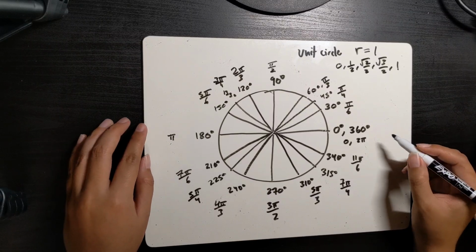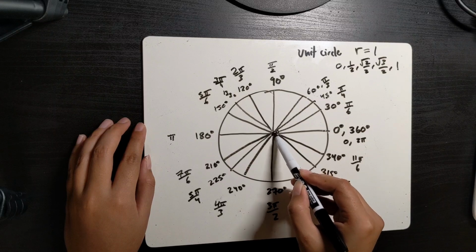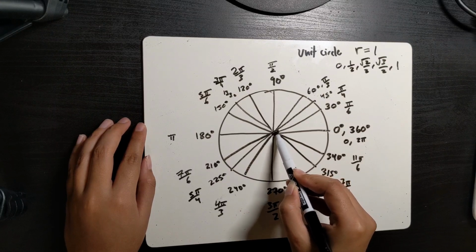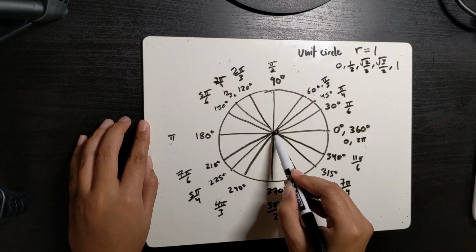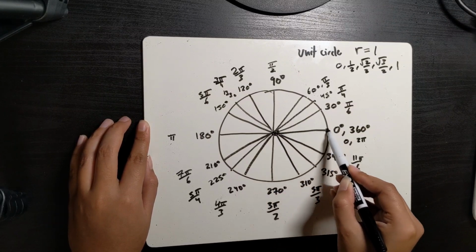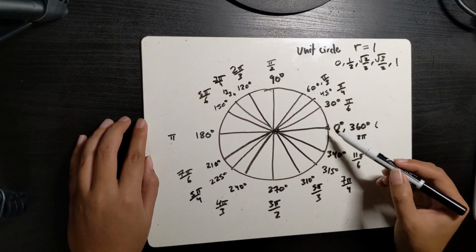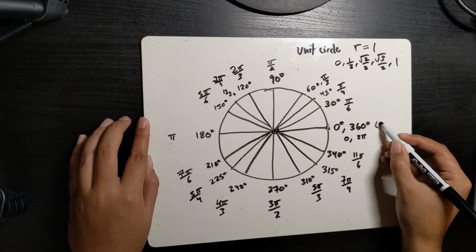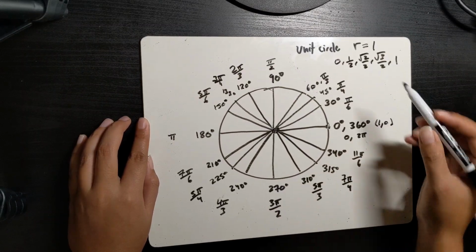Now, we want to know the coordinates. We know that at this point, y is 0 and x is 1, right? So x is at its maximum, which is 1 for a unit circle, and at this point y is 0.